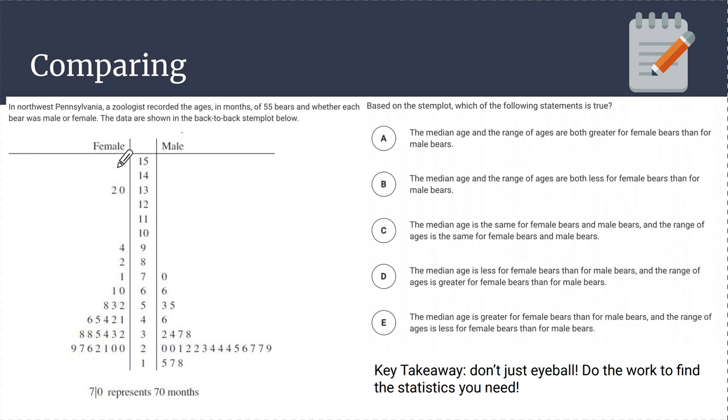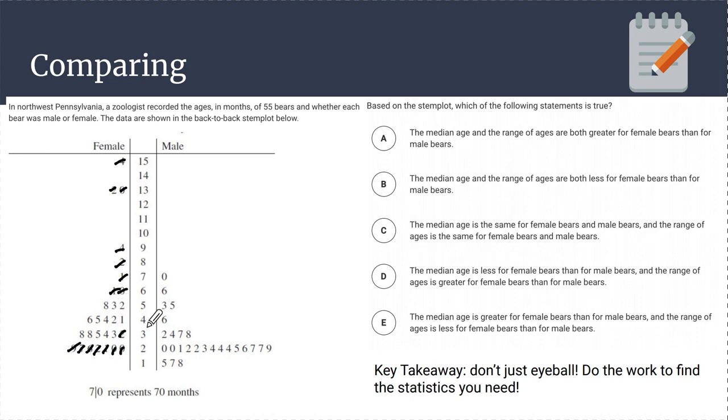I want to start at the top here and work my way in. 1, 2, 3, 4. Start at the bottom here. 1, 2, 3, 4. Actually, it's 55 bears total, right? And so we're going to need to go further. So I went 4 in. I want to go another 4. 1, 2, 3, 4. 1, 2, 3, 4. Make sure you're working the right direction, from smallest up and from biggest in.